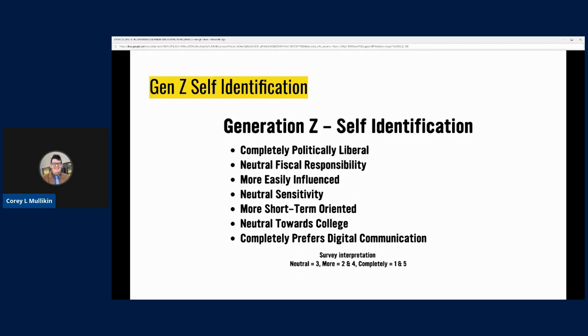The next question was about orientation in time. This means, do they look toward the long term when they're planning purchases or maybe even investments, or do they look for short term and quick return? They are more short term oriented.